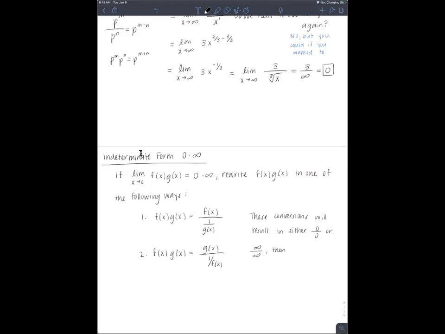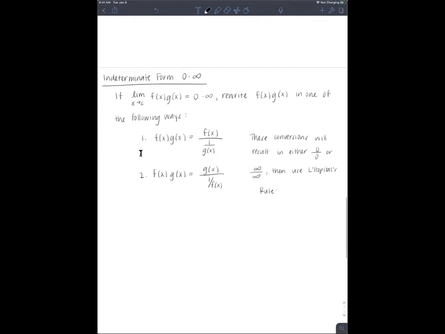And then you use L'Hopital's rule. So you're essentially putting it in a form so that you can use this rule, which is a really, really nice rule to have, right? And so let's look at an example.